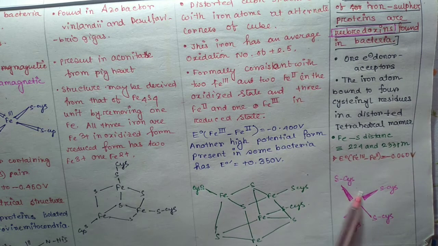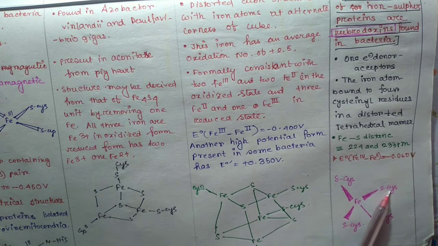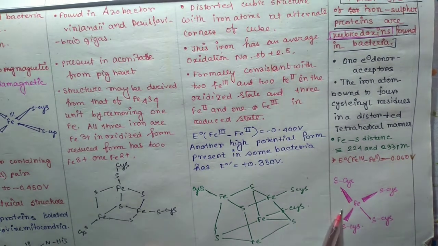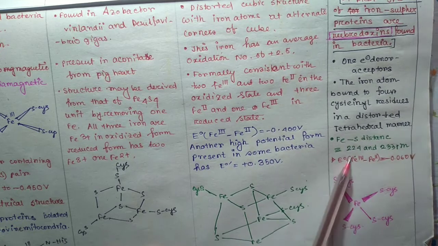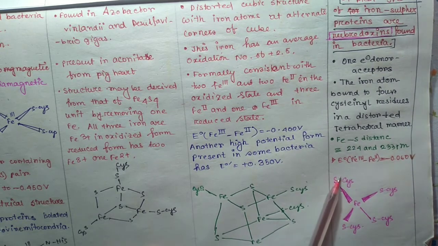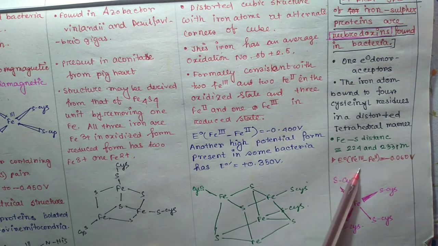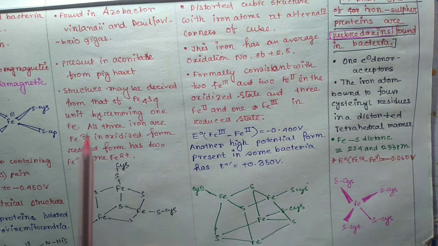So this iron atom is bound to 4 cysteine residues, and this is a 1 iron and 0 sulfur protein. Here the iron sulfur distance is 2.33 Å, that is 233 pm, and the reduction potential for Fe3+ to Fe2+ is minus 0.06 volt.